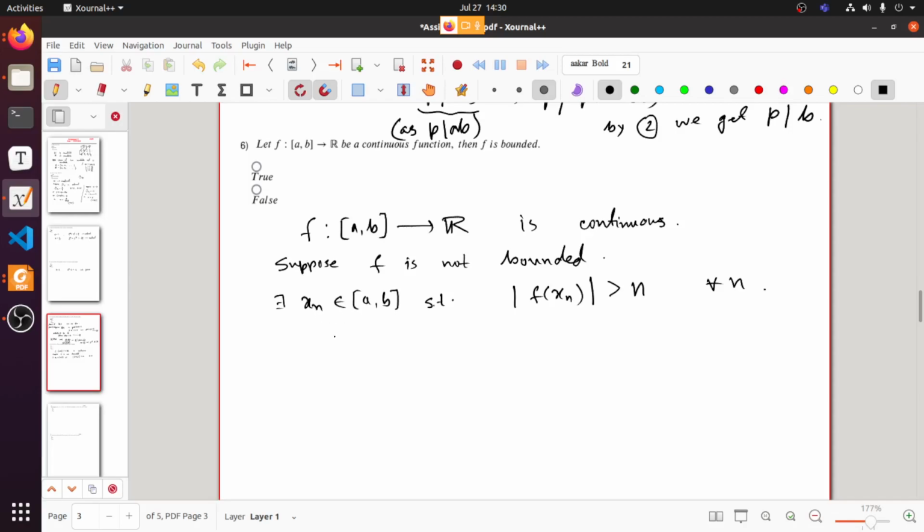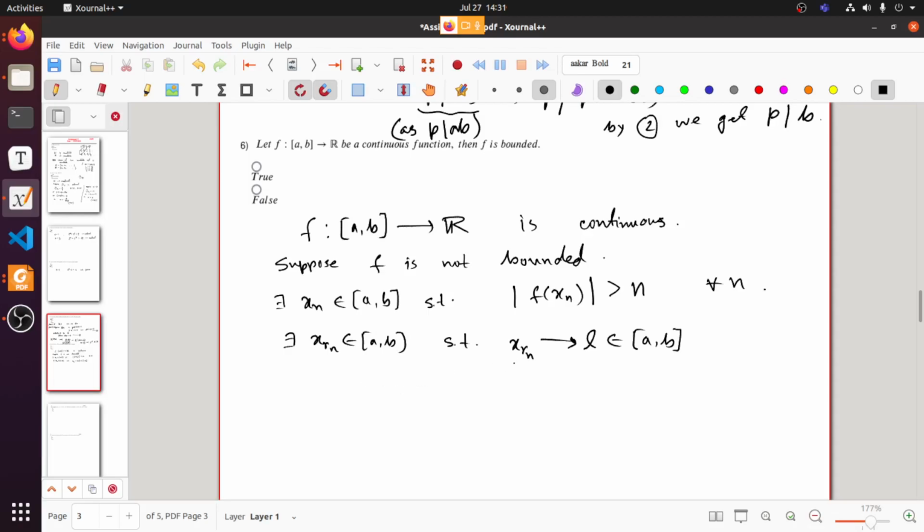By the Bolzano-Weierstrass theorem, it has a convergent subsequence. So there exists x_{r_n}, belonging again to [a, b], such that x_{r_n} converges to L, and L belongs to [a, b] because [a, b] is closed.